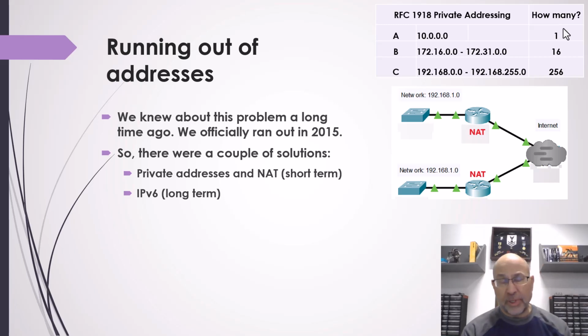Now that was supposed to be a short-term solution. The long-term solution was IPv6, but IPv6 had trouble getting traction. One of the reasons is because network address translation works so well. We all do it. It's fantastic. And so because of that, IPv6 hasn't really caught on as much as the designers may have hoped.